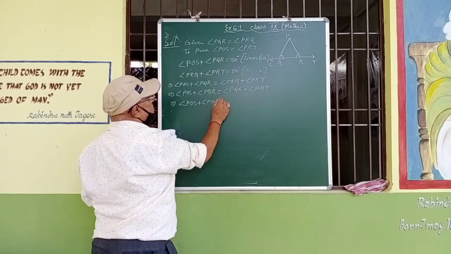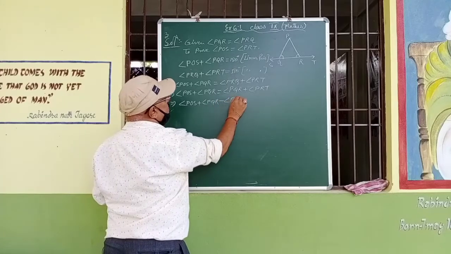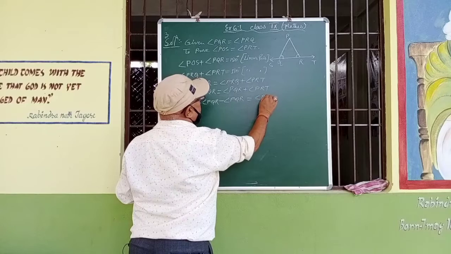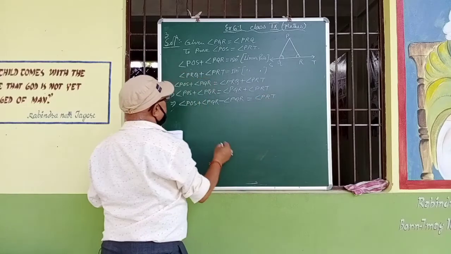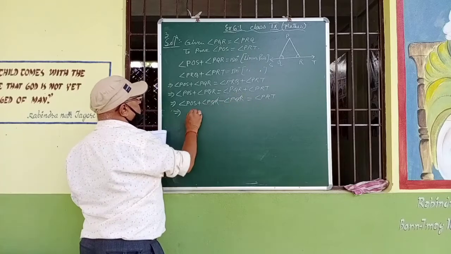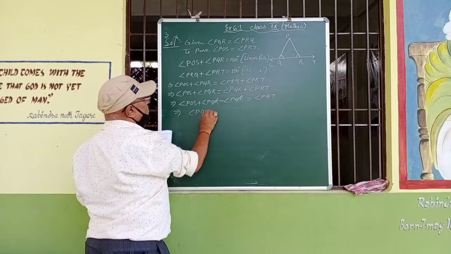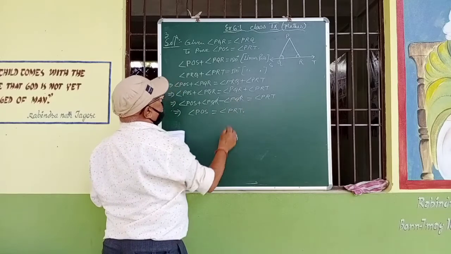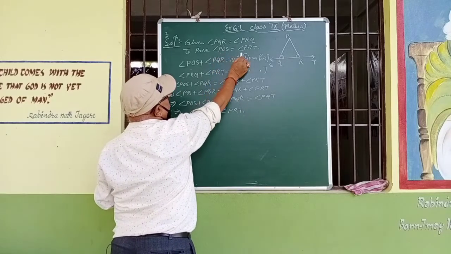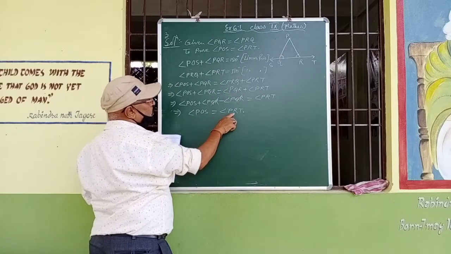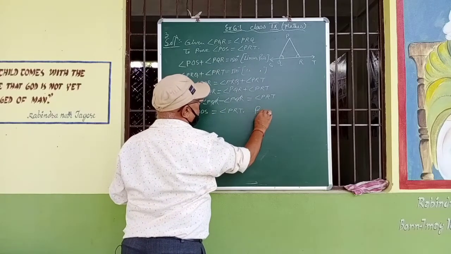You take this that side, it will be minus PQR is equal to PRT, or this and this cancel. So PQS is equal to PRT, we have to prove. So we got PQS is equal to PRT. So it is proved.